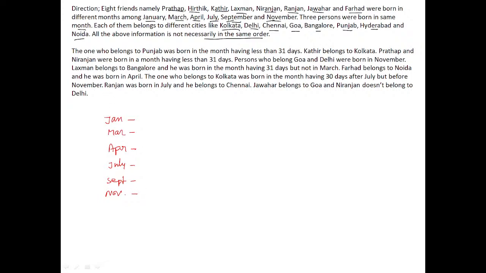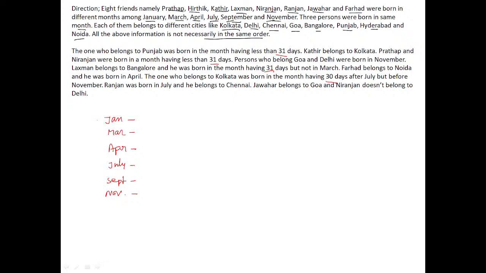Okay, 6 months are given. Here some months have 31 days, and the others have 30 days, because there is no February given in this particular puzzle. So every month has at least 30 days.